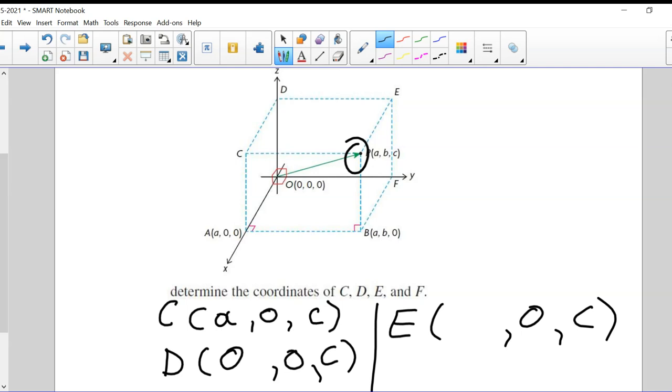So that's A along the X, B along the Y, and C along the Z. It is actually the X, Y, and Z axis. So the furthest you can get on the X axis is A, or it can be 0. The furthest you can get on the y-axis is B, or it can be 0. The furthest you can get on the z-axis is C, or it can be 0.